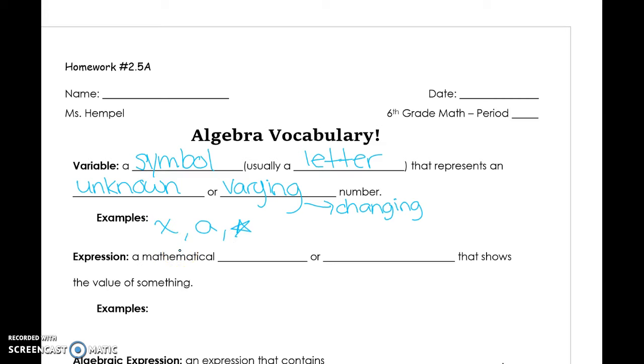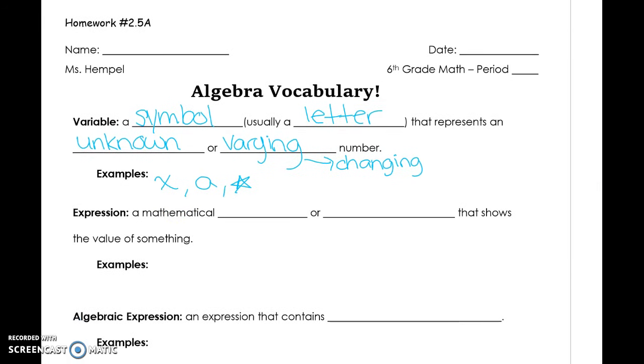Okay, the next vocabulary word is expression, a mathematical phrase or sentence that shows the value of something. And we've seen expressions before. We've talked about them in class.